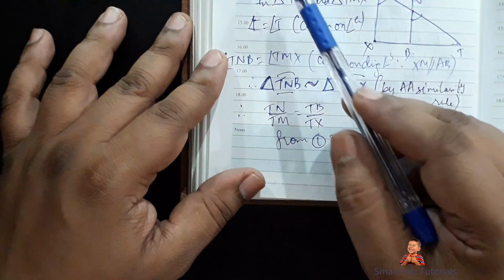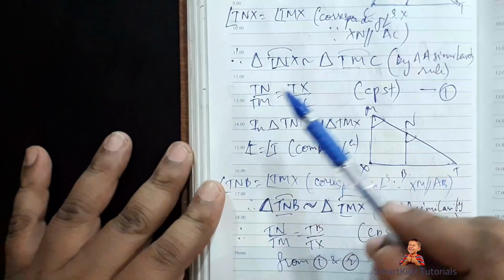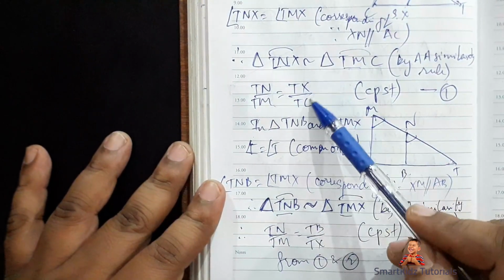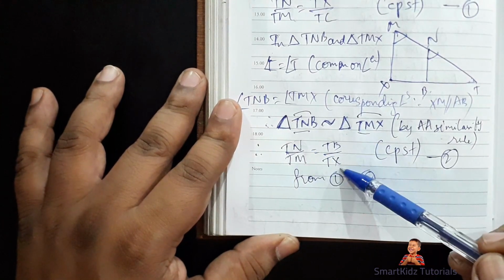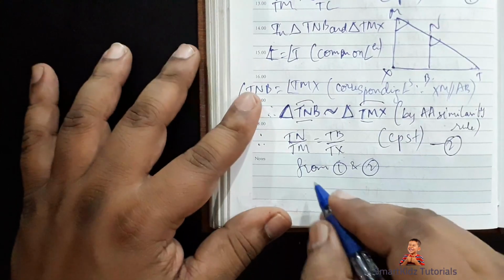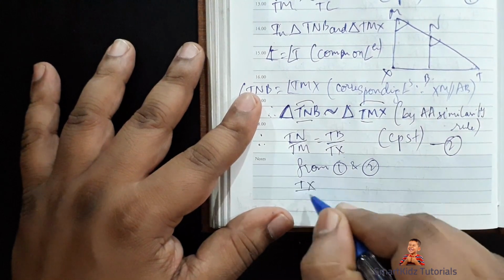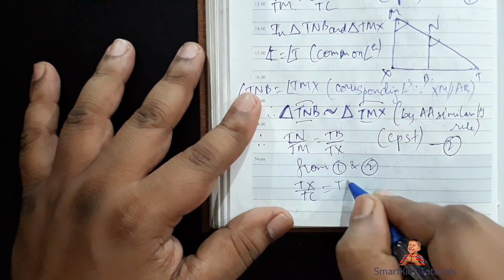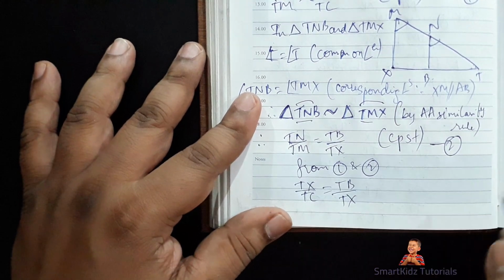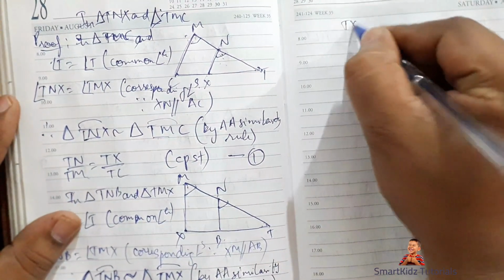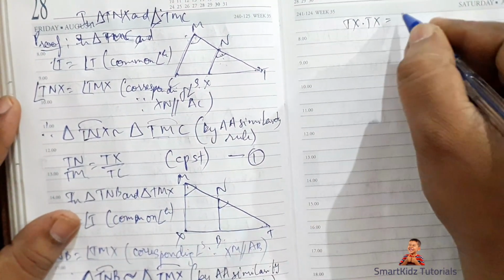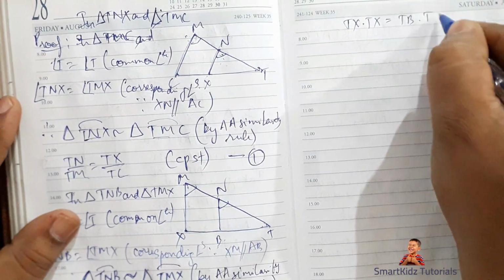Now Tn upon Tm is equal to Tx upon Tc, but we also got Tn upon Tm equal to Tb upon Tx. So we can write that Tx upon Tc is equal to Tb upon Tx. Now if we cross multiply, we get our answer, that is Tx into Tx is equal to Tb into Tc.